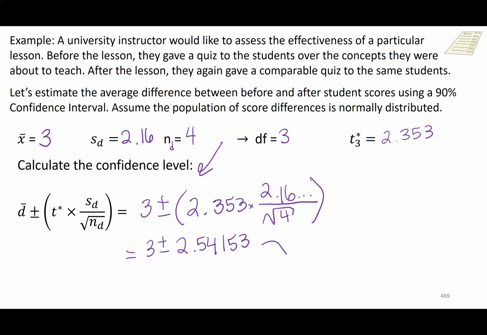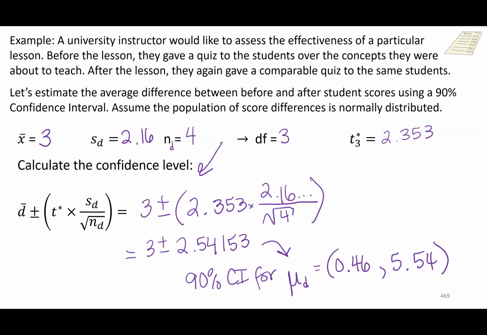So then I end up getting my 90% confidence interval for mu_d, the mean difference. It's going to be 0.46, I'm going to round now, to about 5.54.